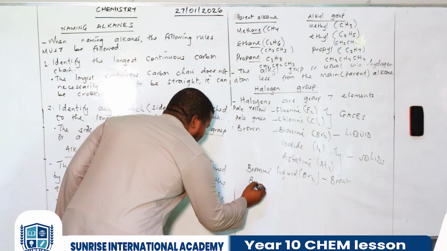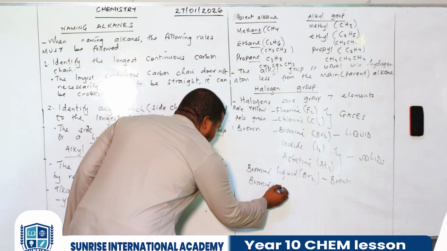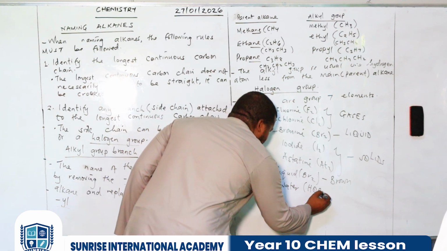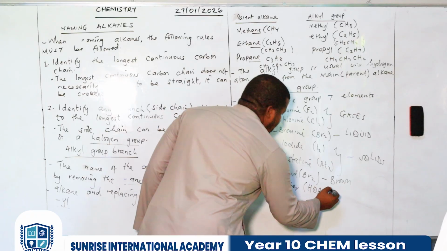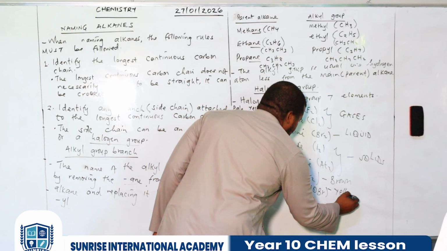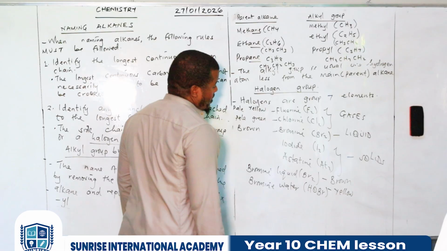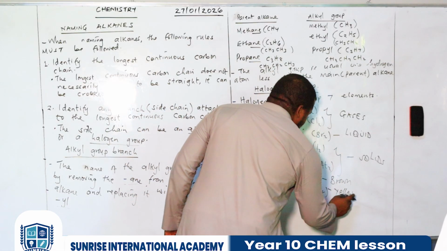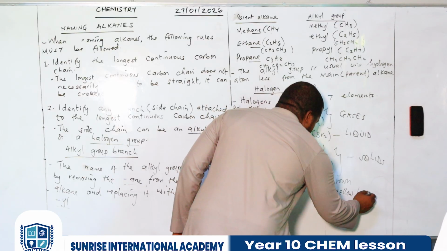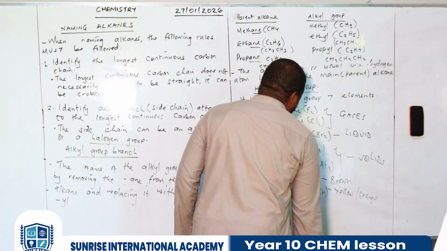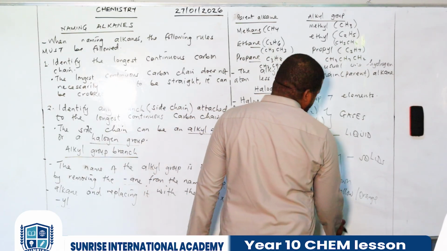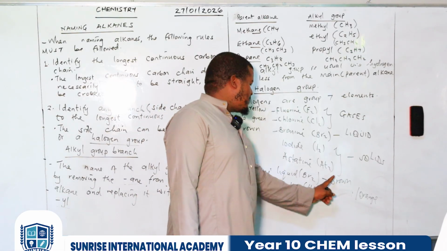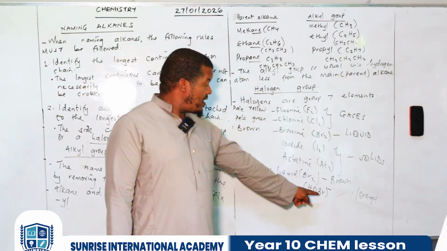Bromine water, however, HOBr, is orange. Bromine liquid, brown. Bromine water, orange.